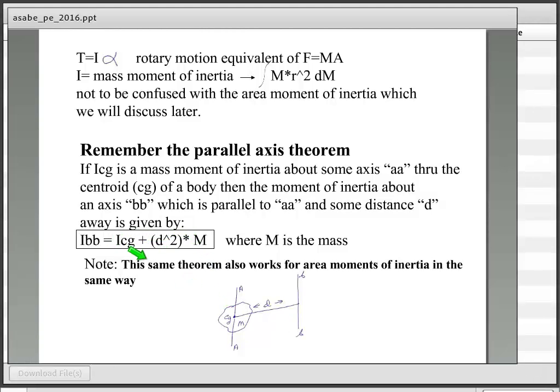And that would give us the moment of inertia about some other axis here, like BB, this axis being parallel to the original axis through the center of gravity. And this same parallel axis theorem works as well for area moments of inertia if you're dealing with area moment of inertia instead of mass moment of inertia.